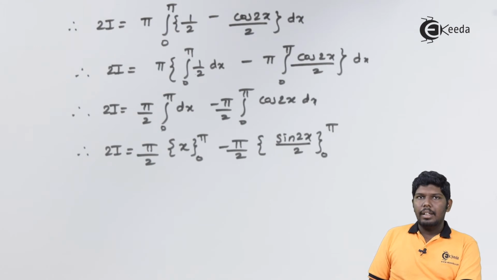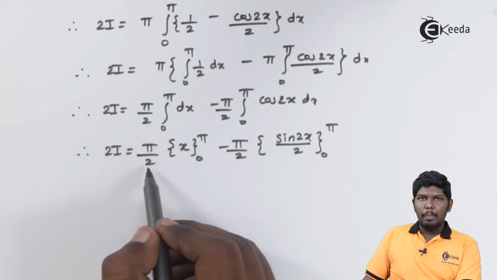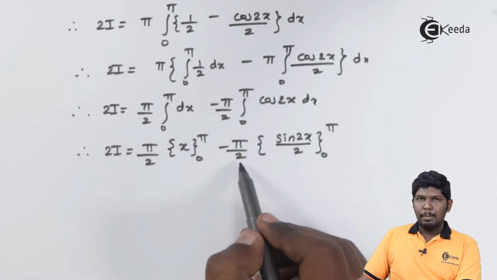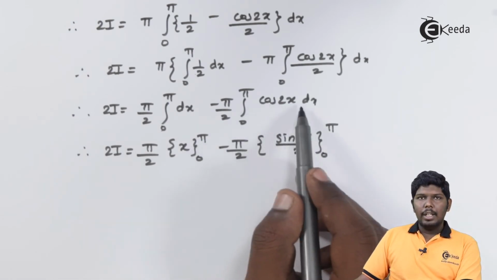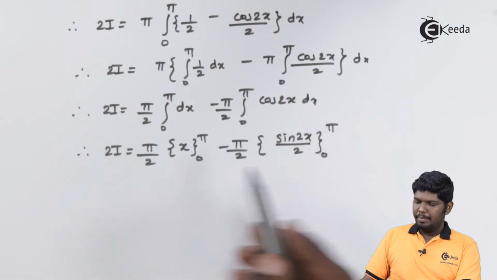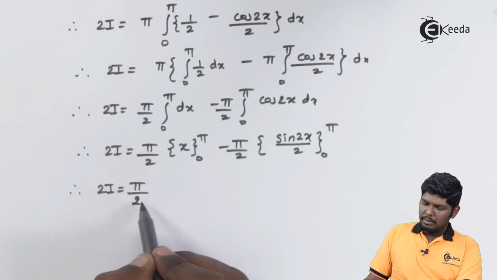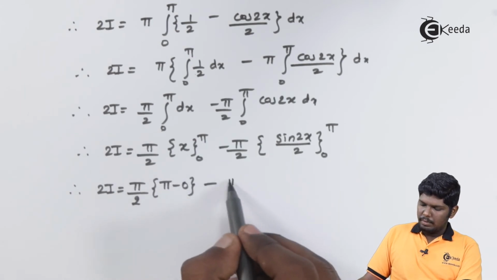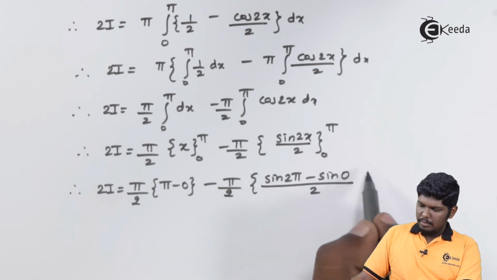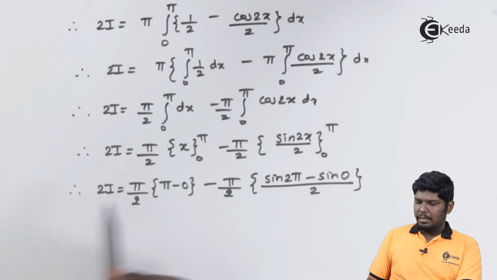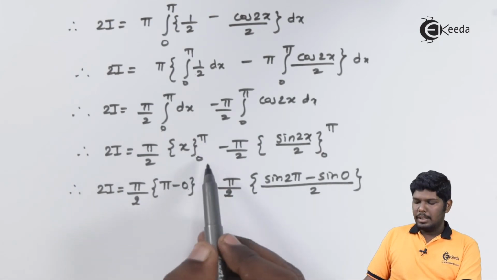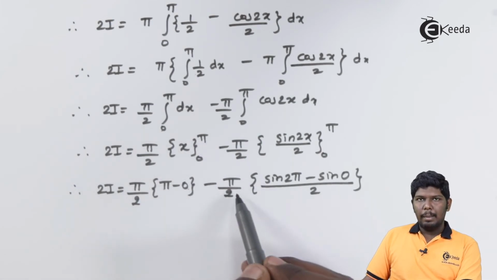On integrating, this will give you 2I is equal to pi by 2 times integration of dx, which is x from 0 to pi, minus pi by 2 times integration of cos 2x, which gives sin 2x upon 2 from 0 to pi. On further solving, we will get 2I is equal to pi by 2, upper limit is pi minus lower limit is 0, minus pi by 2.